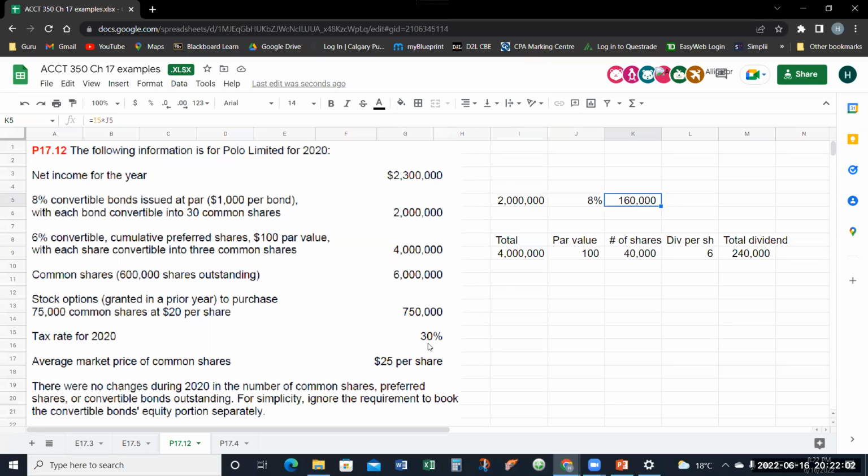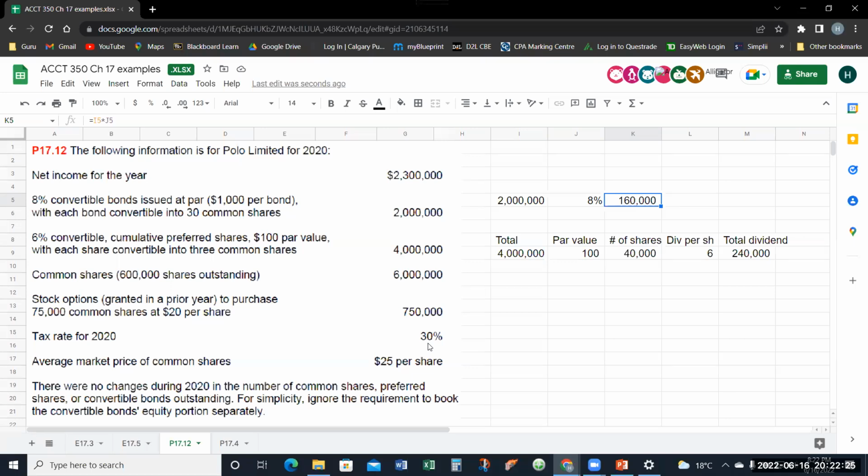I've got a tax rate of 30%. If my income before tax is $1, for every dollar of income before tax, I have to put aside 30 cents in taxes, so my net income works out to 70 cents. For every dollar of before-tax income, the after-tax net income is 70 cents.